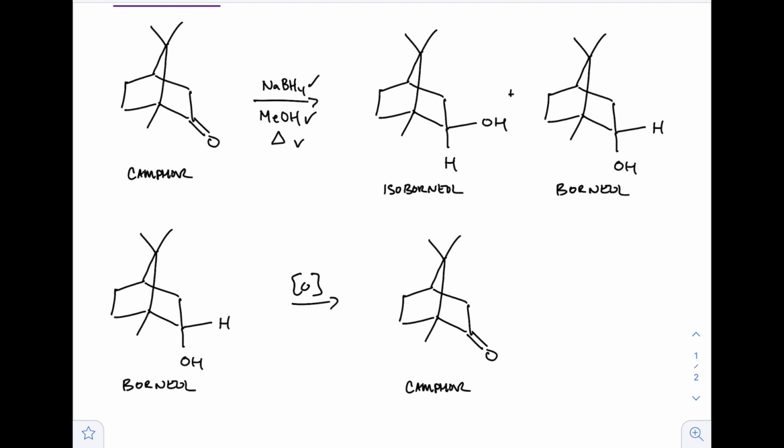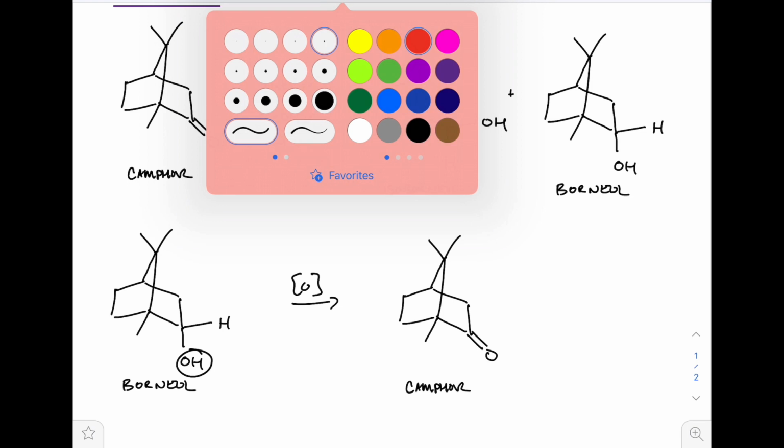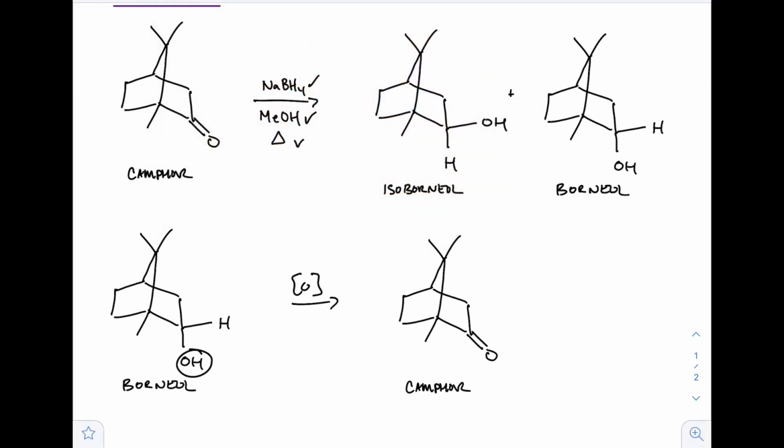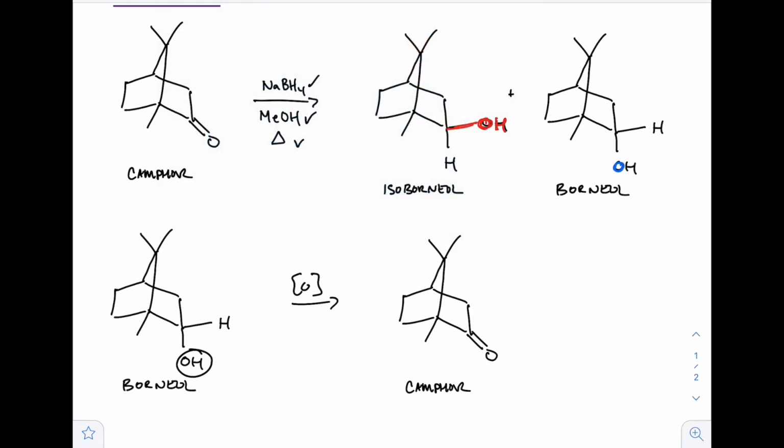And so the reason why this is an interesting process is because notice the location of the OH. It's in the down position. And then over in the isoborneol product, we have it in the up position. So there is actually a name for this. I'll go ahead and label the OH in red for the isoborneol, and for the borneol, we'll label that in blue.